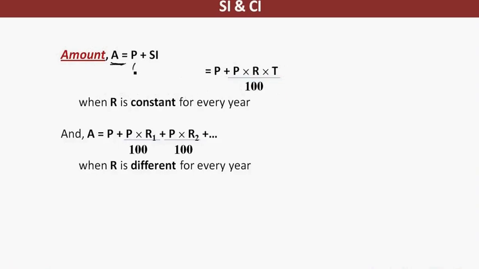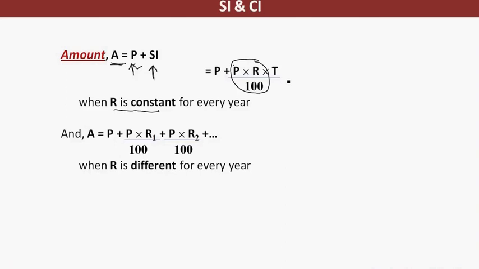Now, coming back to a concept that we've just learned, amount. Amount is the final money that I get. So amount would be equal to the initial principal that I started with and the total interest that has been accumulated over the years. In case R is constant for every year, I hope you remember the formula now. It is P into R into T by 100.